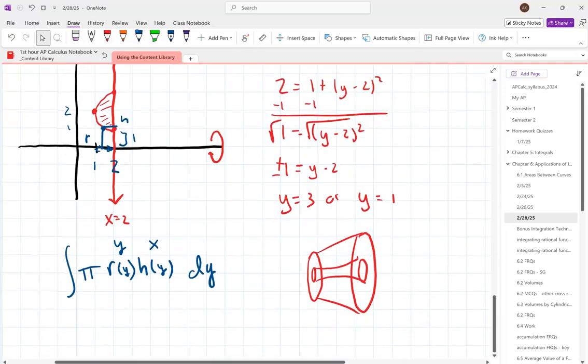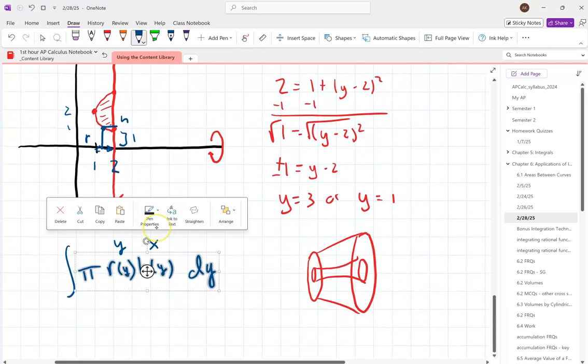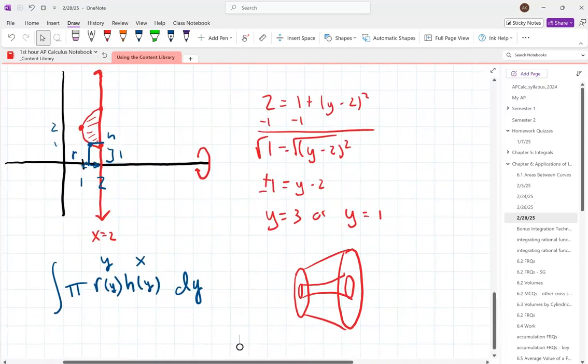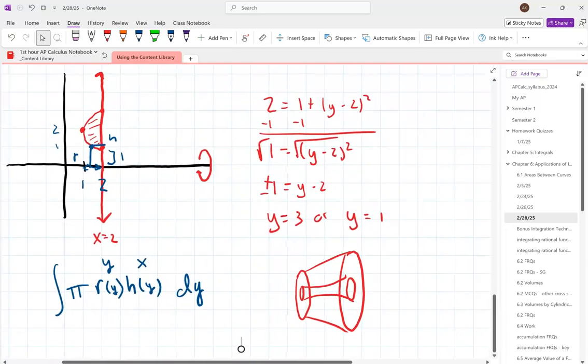Well, we have to rewrite it in terms of y's, though. The function has to be in terms of y's. Yes, it's an x value because it's a horizontal distance, but we need to rewrite that function in terms of y's to be able to integrate it, which is okay because that's kind of what we got.